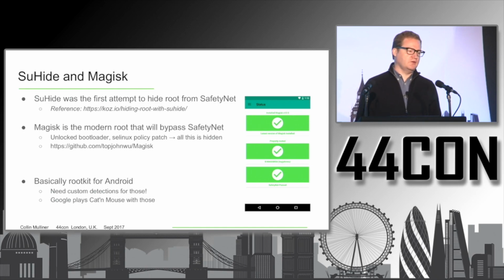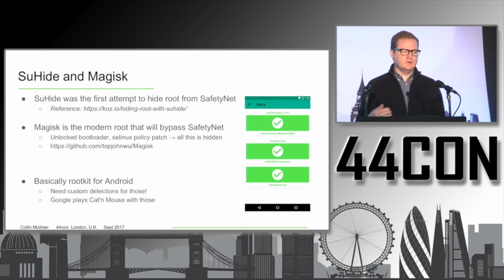Instead of having the SU binary in system xbin, just put it somewhere else, change the path name and so on. There's some good documentation in one blog post about SuHide.